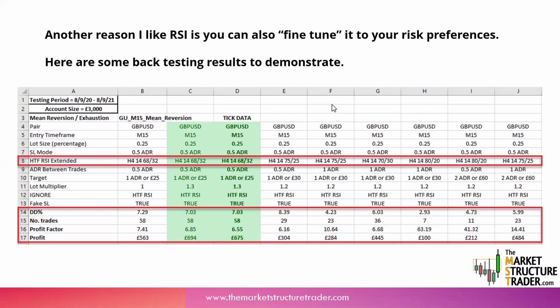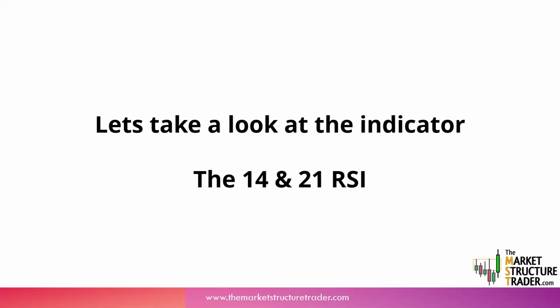You'll get more trades, you'll probably go into more drawdown, but your profit taking potential will be higher. Or if you're a conservative trader rather than aggressive, you can use higher levels to take less trades and get in and probably make less money, but there'll be less drawdown on your account and less strain on you as a trader. Okay, so let's take a quick look at the indicator.